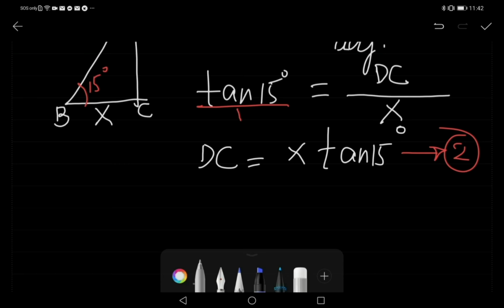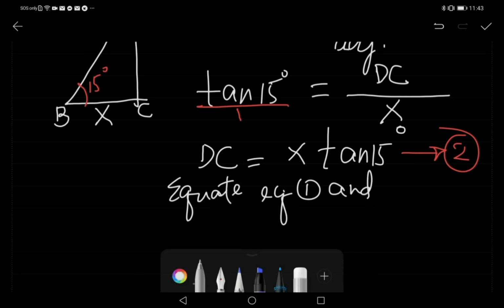So we are going to equate now equation 1 and equation 2.